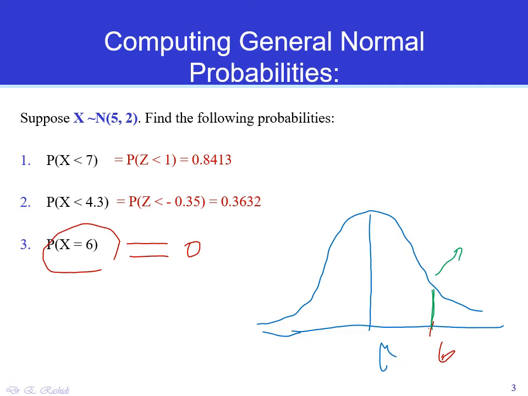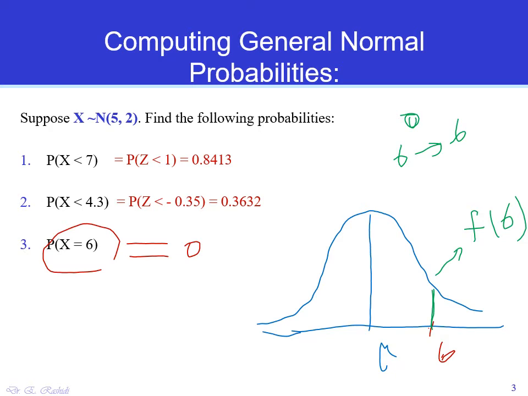The length of this rectangle is from 6 to 6, which is 0, and the height of it is f of 6. So the area of this rectangle, which is equal to the probability of x equal to 6, is 0.